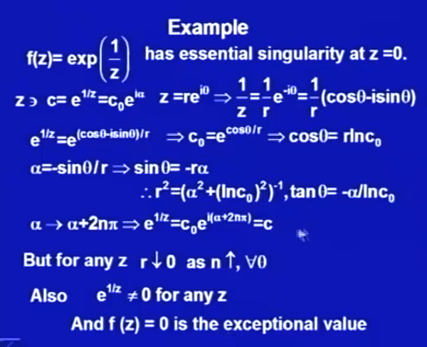So, if the function has an essential singularity at any point z naught, then in every neighborhood of z naught we could find that it will take all finite values infinitely many times, but one value which it cannot take, and that value is called the exceptional value.